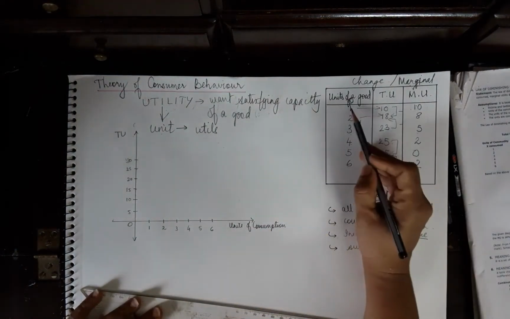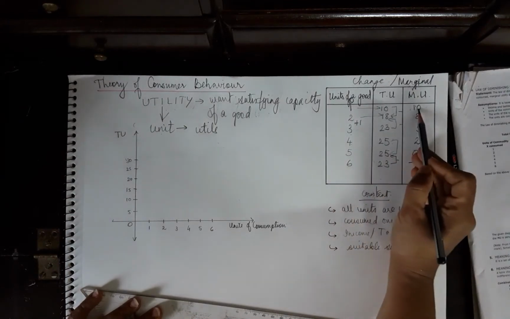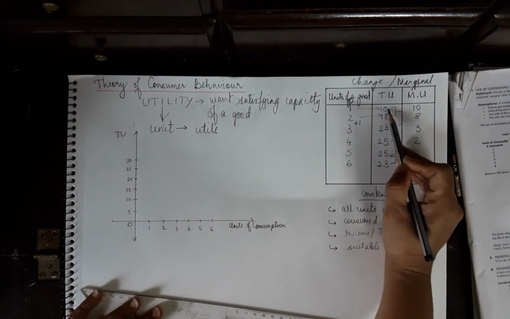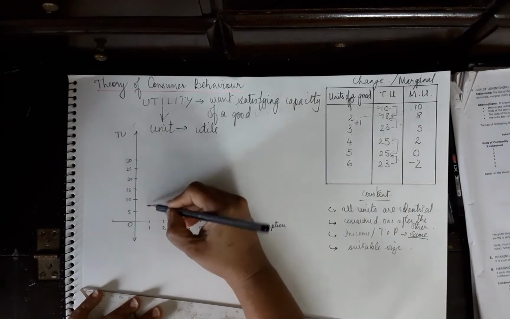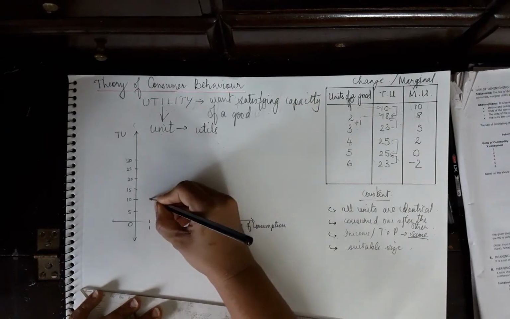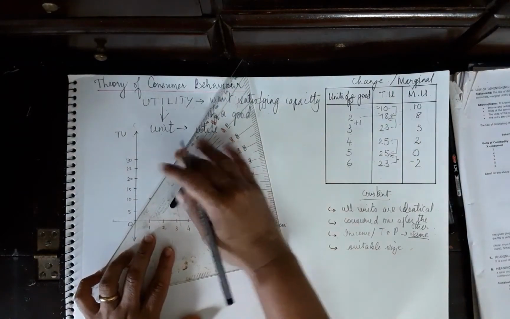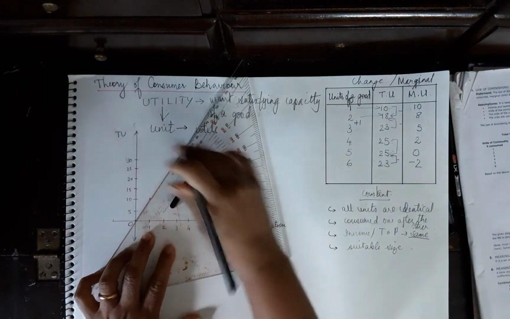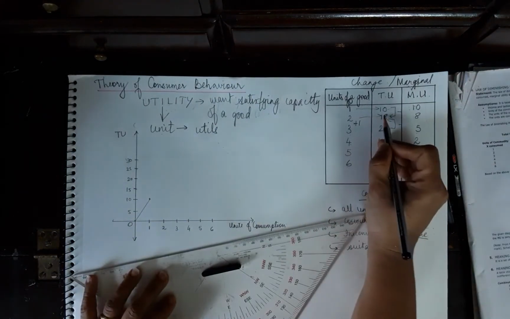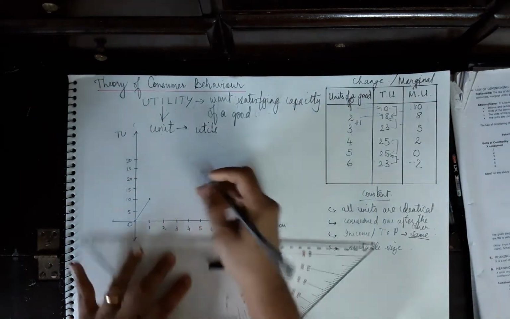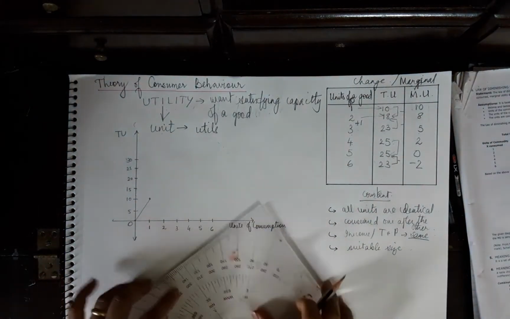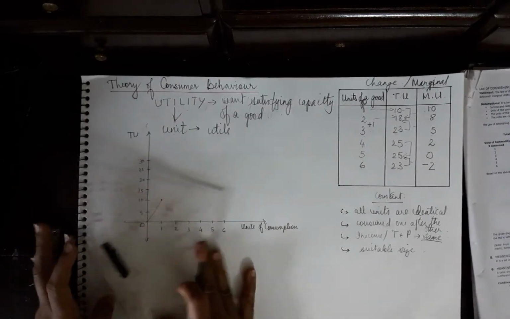So the first point, 1 unit of a good. What is the total utility? 10. It started at 0 level of consumption, so we can join these 2 points now. Then at 2 units, the total utility is 18. So let's try to get that at 2 units.